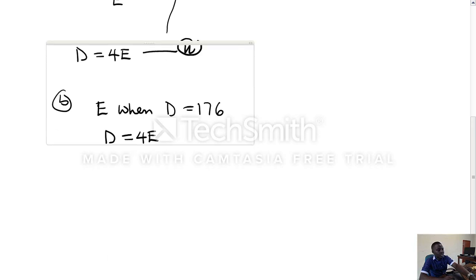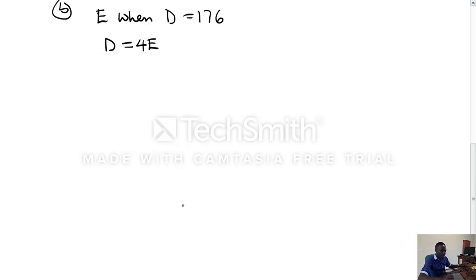So in making E the subject of the formula, we are going to divide both sides by 4. So we have it that D divided by 4 is equal to 4E divided by 4, and 4 will cancel 4, leaving us with the equation E is equal to D over 4.